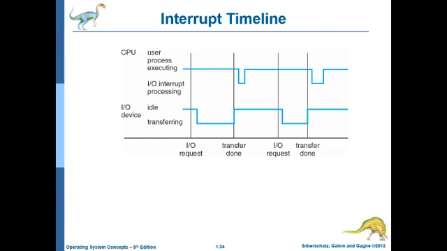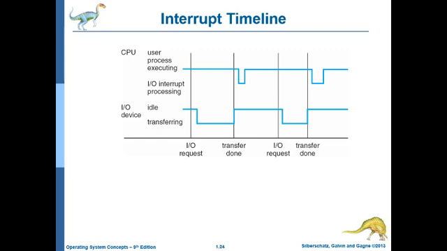The other type of activity the CPU can do is interrupt processing. So two types of activities by the CPU. Similarly, the IO device can also do two types of activity. Either it is busy transferring data from the device to the RAM, or from the RAM to the device, for example, or it is idle.